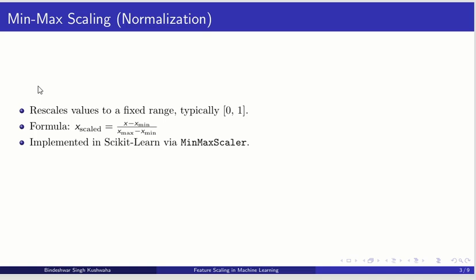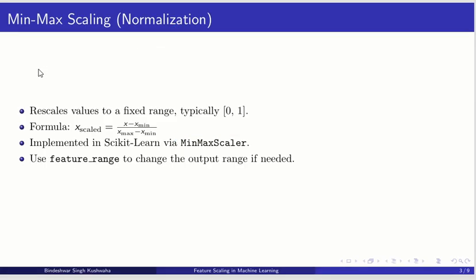In Scikit-Learn there is the MinMaxScaler module that implements min-max scaling or normalization. We will also see the numerical, and you can use feature range to change the output range if needed.